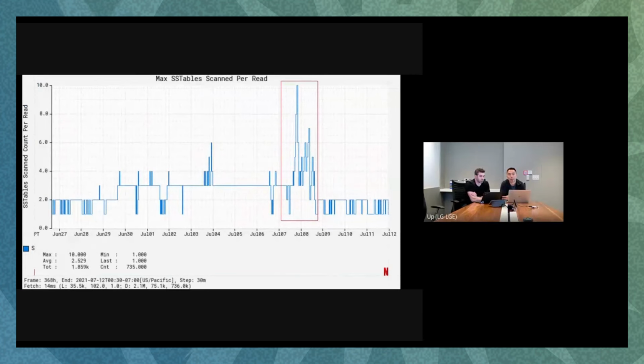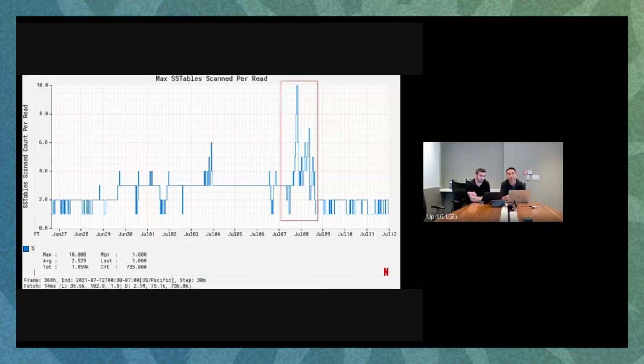This graph shows the SSTable scanned per read for read latency sensitive applications. We target sub 10 milliseconds read latency, so it's super critical to make sure that the number of SSTables scanned per read is small.